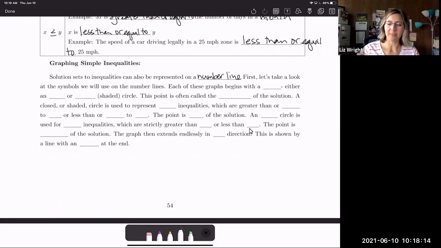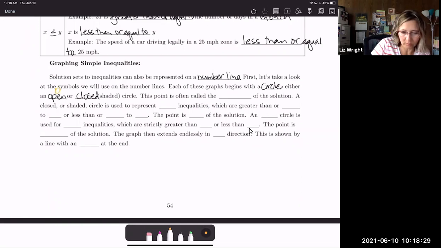Each of these graphs begins with a circle, either an open or closed circle, which is shaded in. So for example, it's either going to be an open circle or a closed circle that we'll start with.